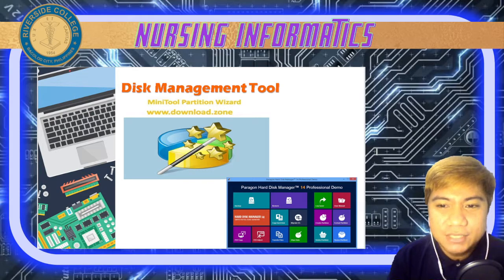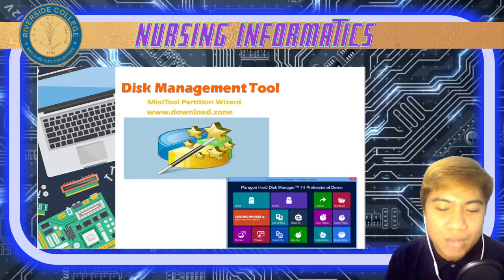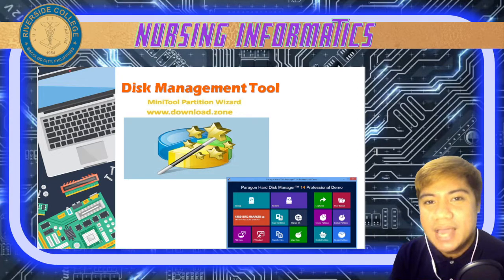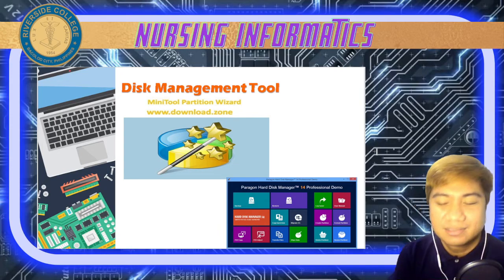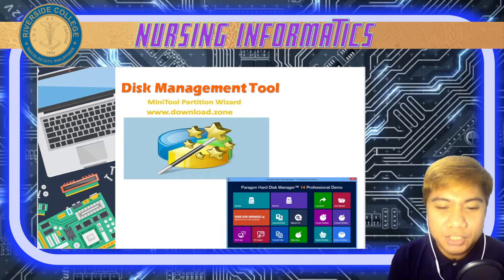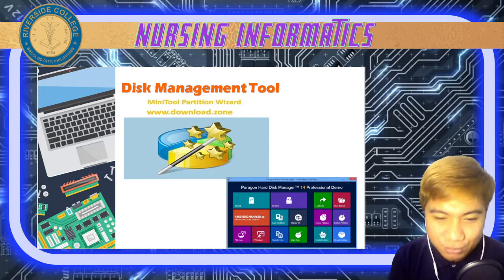Next, we have, class, your disk management tool. This one manages the drives installed in your computer, like hard disk drives and flash drives. It can be used to partition your drives, assign drive letters, and much more.